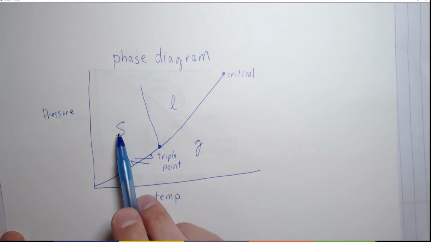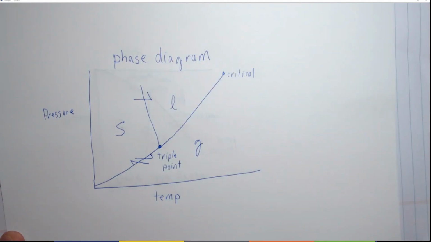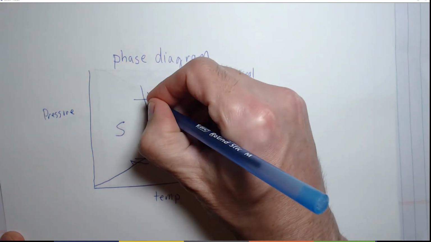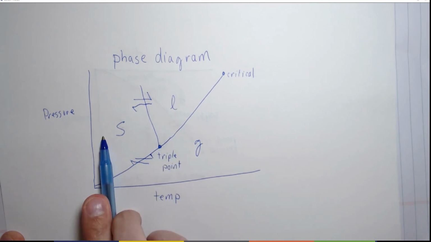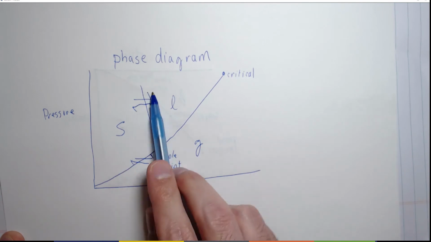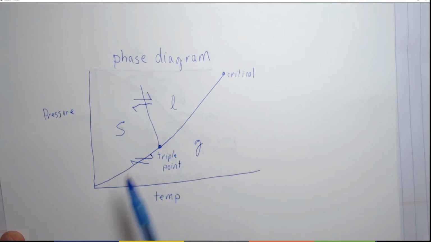In this case, we have the boundary between the solid and liquid. Well, if we go in this direction, we would call that melting, right, solid to liquid. And if we go in this direction, liquid to solid, we would call that freezing. That being said, this is often called, for chemistry words, the fusion curve, all right? So the fusion curve between solid and liquid.